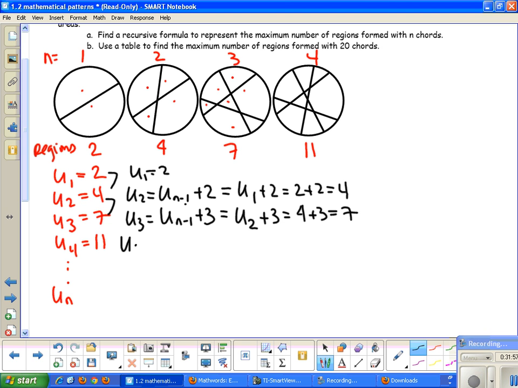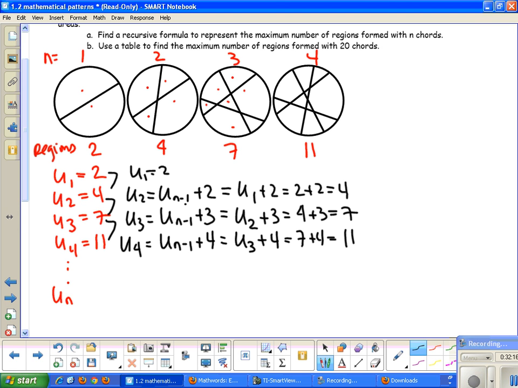If I do u sub 4, I have my previous term, plus now the difference between these two terms is 4, so that's equal to u sub 4 minus 1, my third term, 7, plus 4, which gives me 11.